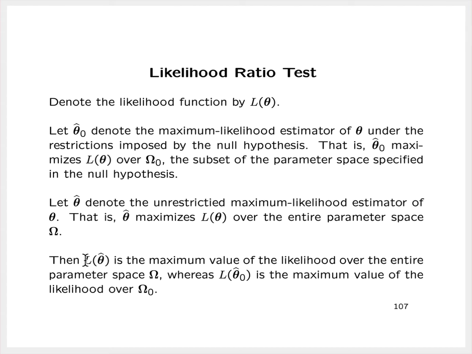So using that notation, the likelihood function evaluated at theta hat is the maximum value of the likelihood over the entire parameter space cap omega, whereas the likelihood function evaluated at theta hat 0 is the maximum value of the likelihood over this restricted subset of the parameter space.